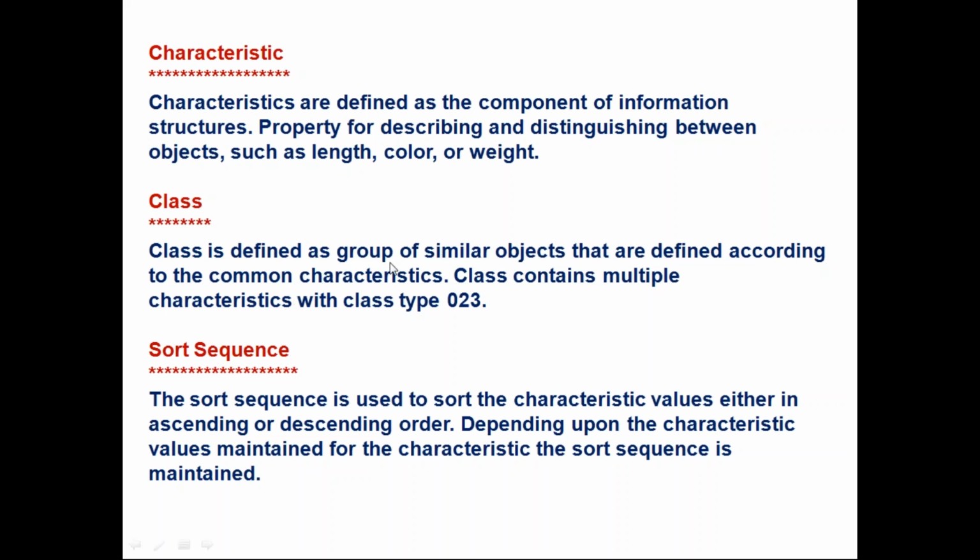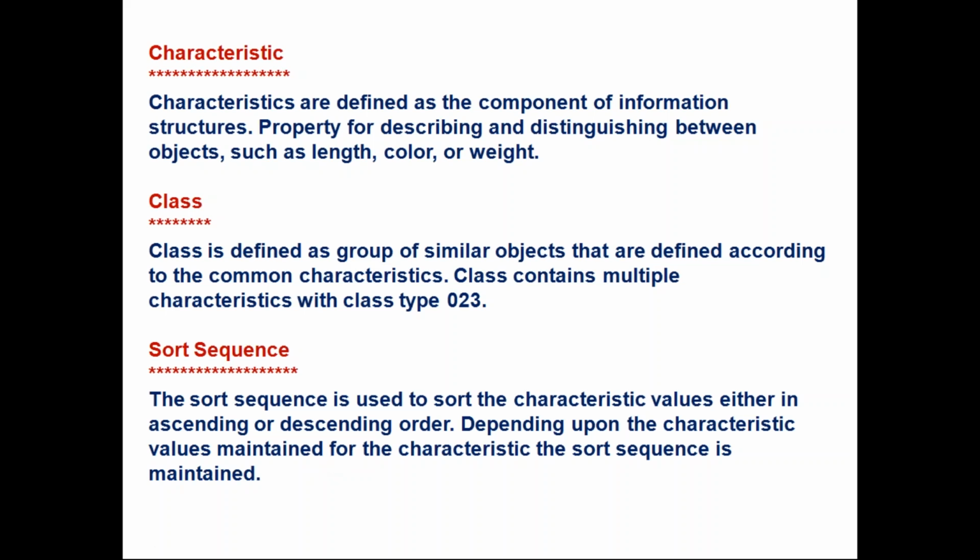So a class contains multiple characteristics with the class types. And depending upon the characteristic values we maintain the sort sequence. The sort sequence is used to sort the characteristic values either in ascending order or descending order, and it totally depends upon the characteristic values maintained for the characteristics.